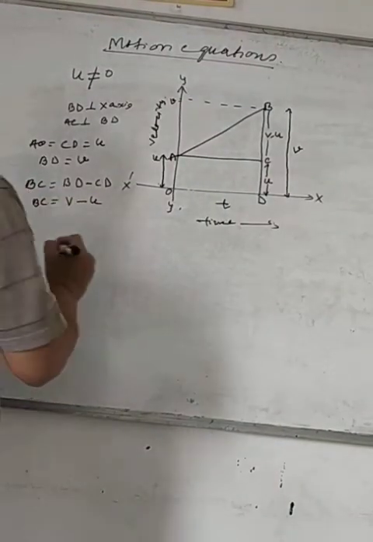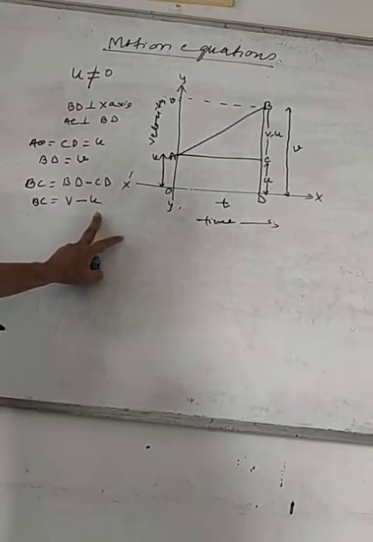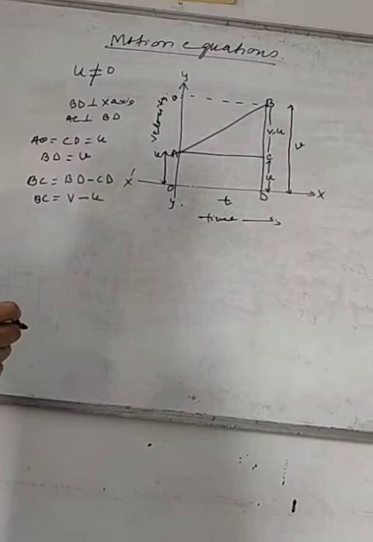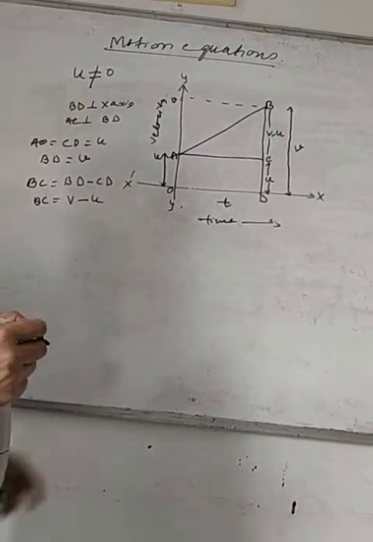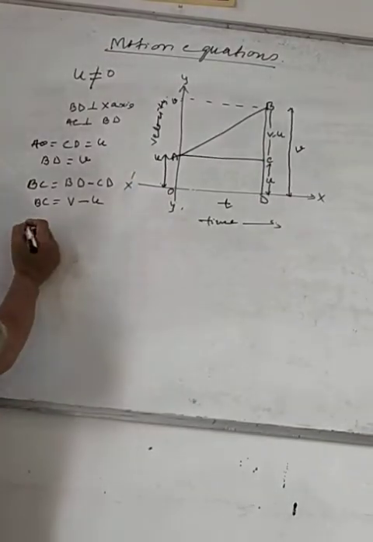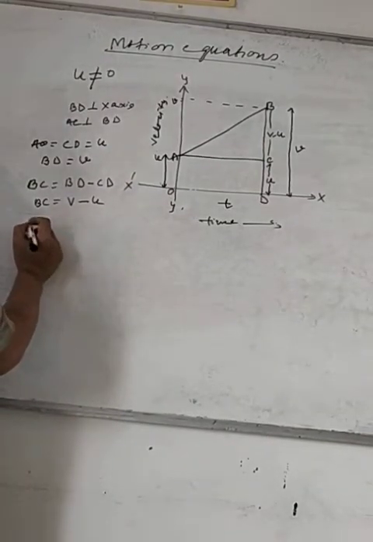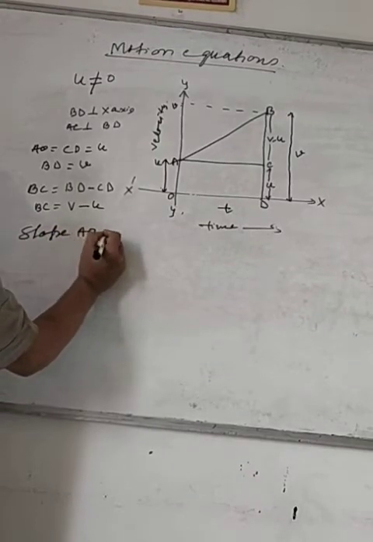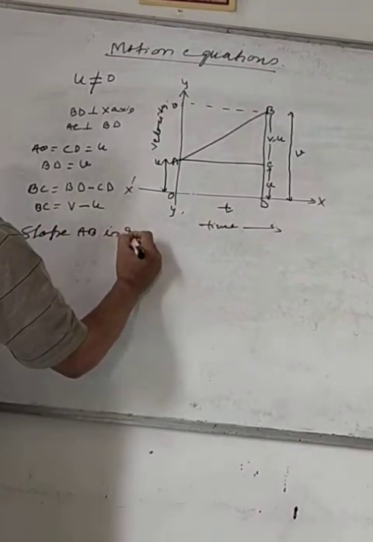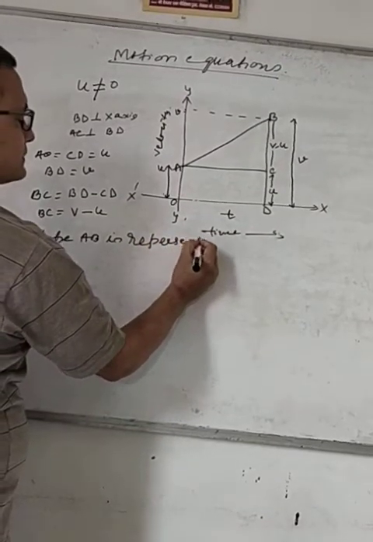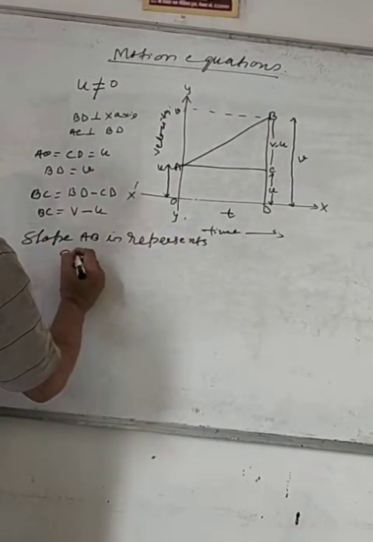BC equal to V minus U, and it is explained as the slope AB. Slope AB represents acceleration.